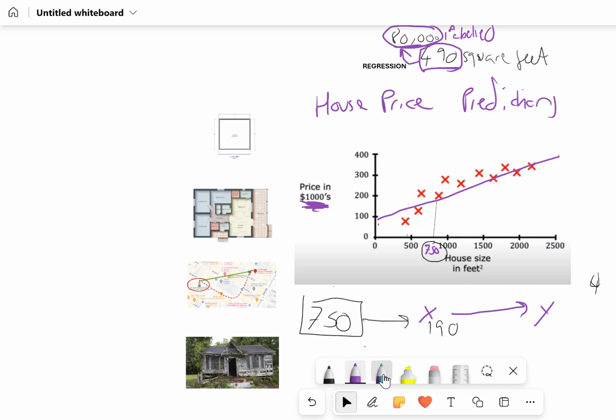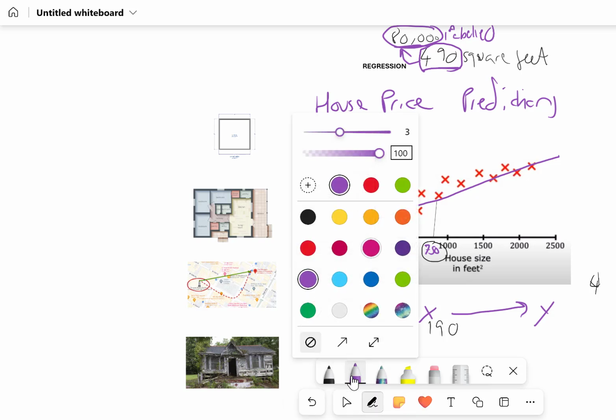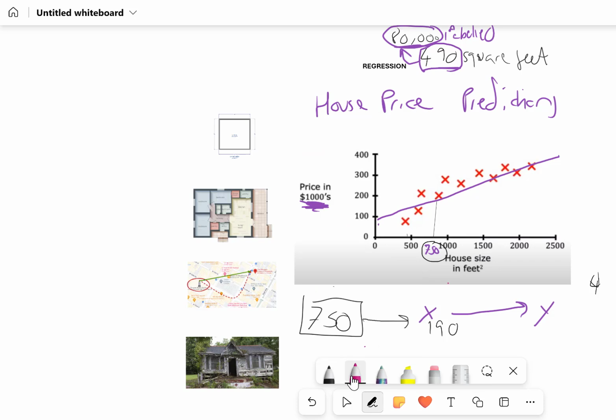So there's another type of regression we could use as well. That would be a curve. So let's have a look at what that looks like. I'm going to do that in a different color. Why is it not letting me change my color? There you go. Perfect. So let's imagine the curve would look like this.